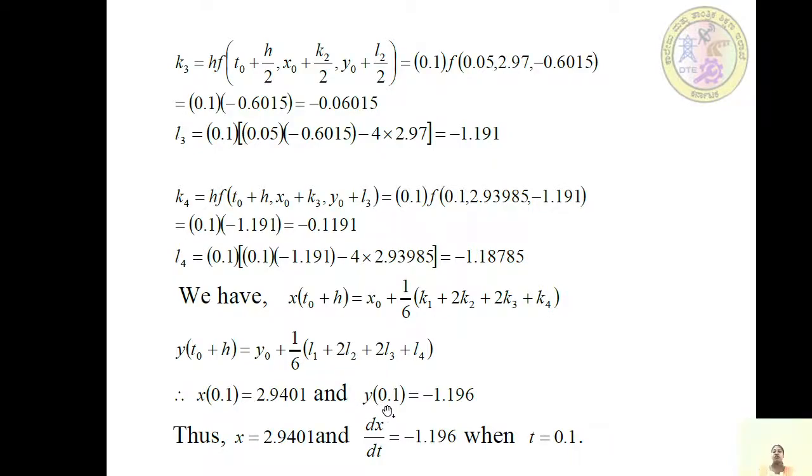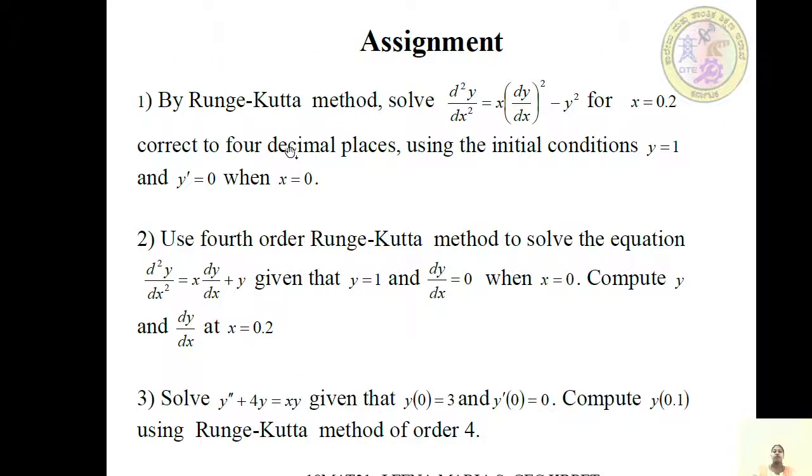We get y of 0.1 equals minus 1.196. Thus we get x is equal to 2.9401 and y, which is nothing but dx by dt, equals minus 1.196 when t equals 0.1. So these are the values for x and dx by dt. So this completes this problem.